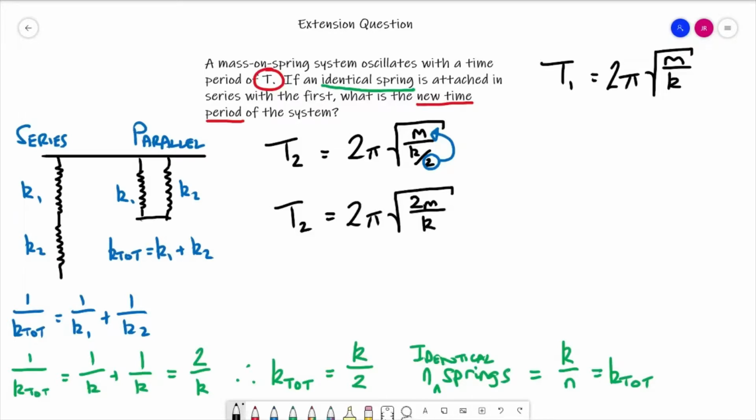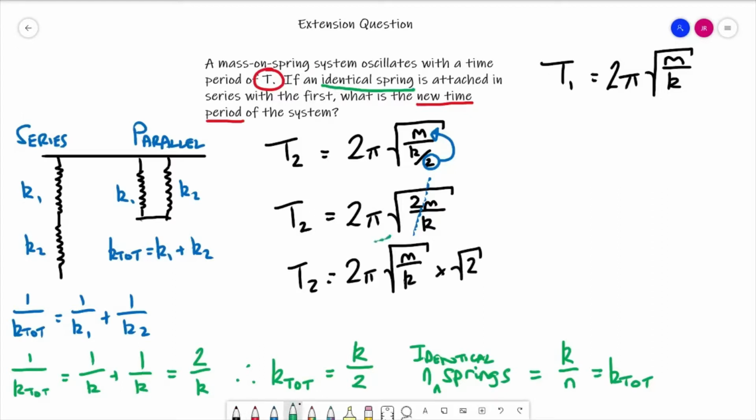Now you could leave that at that point if you really wanted to, but we can take this one step further and neaten it up a little bit. I'm basically going to split that square root, taking the square root of 2 out of there and giving it its own term. So we end up with T2 is equal to 2 pi root m over k multiplied by the square root of 2.